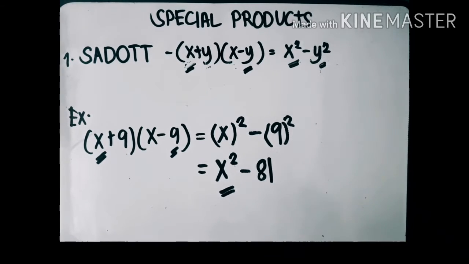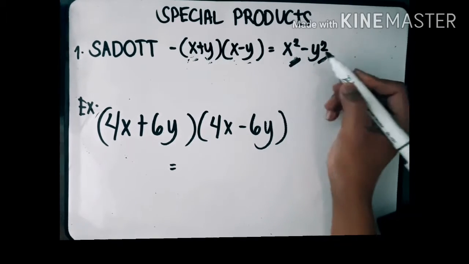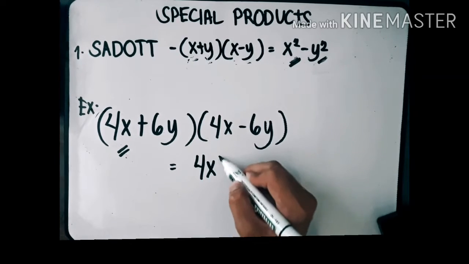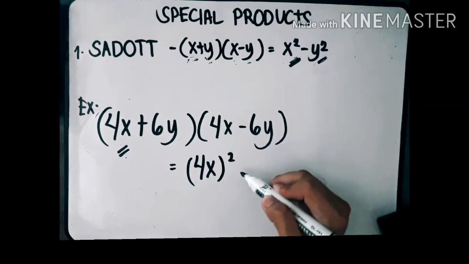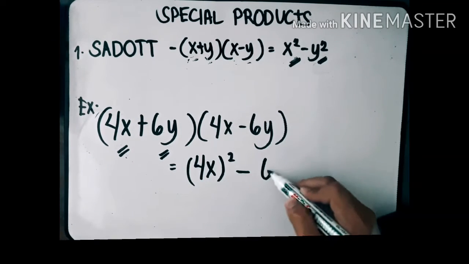Okay? How about 4x plus 6y multiplied by 4x minus 6y? Again, i-square natin yung first term, which is 4x minus square of the second term, which is 6y.